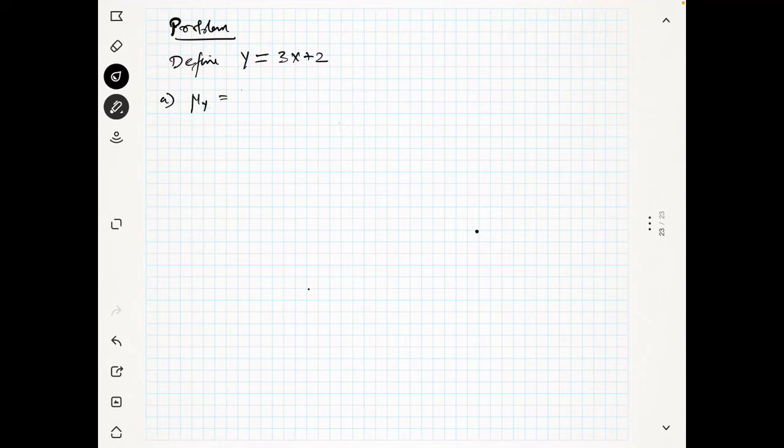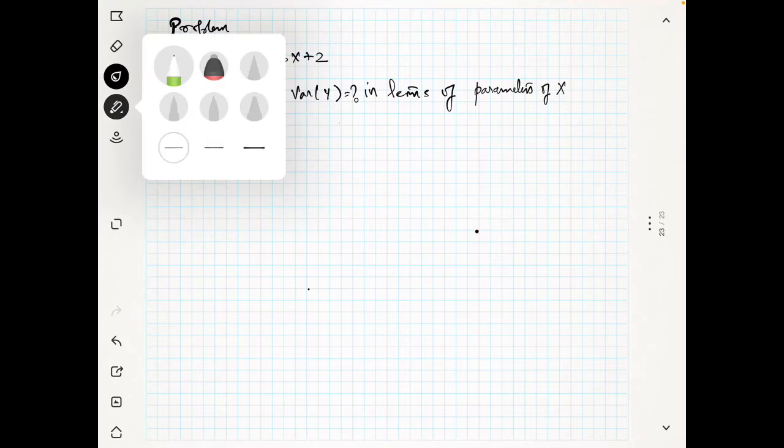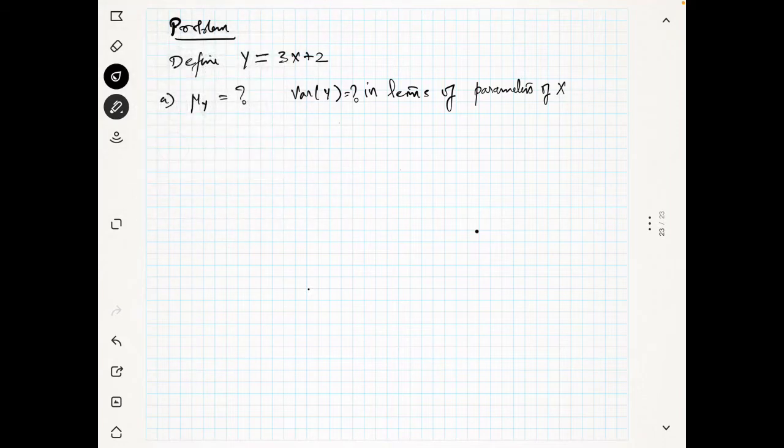What is the mean of y and what is the variance of y, in terms of the parameters of x? So we will first see the answer for this, after that we will proceed.